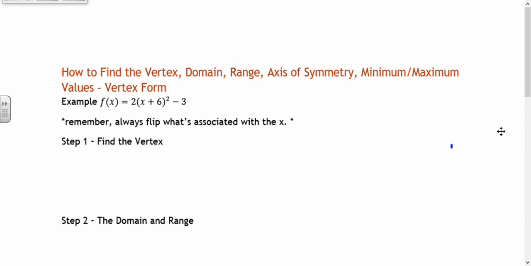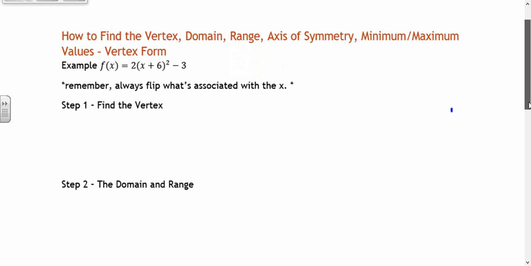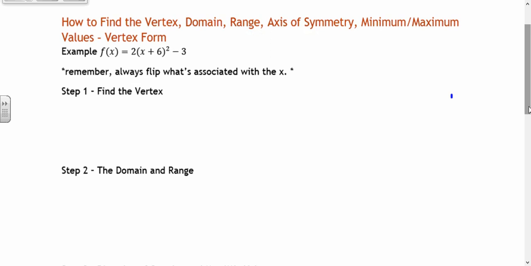We need to learn how to find the vertex, domain, range, and axis of symmetry from vertex form. So if we're looking at 2 multiplied by x plus 6 squared minus 3, let's write this out. So f of x is equal to 2 times (x plus 6) squared minus 3.